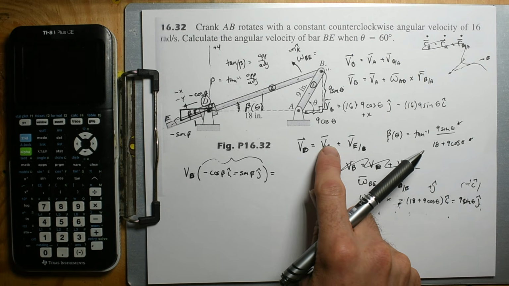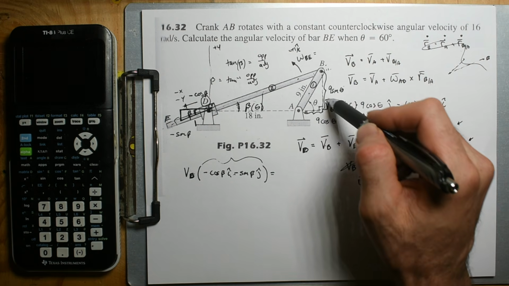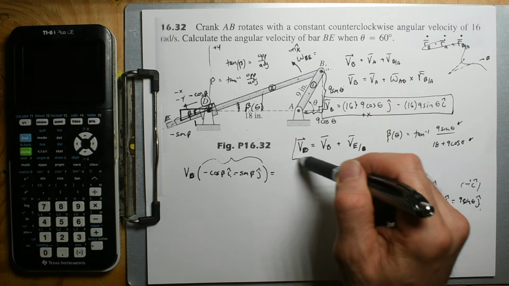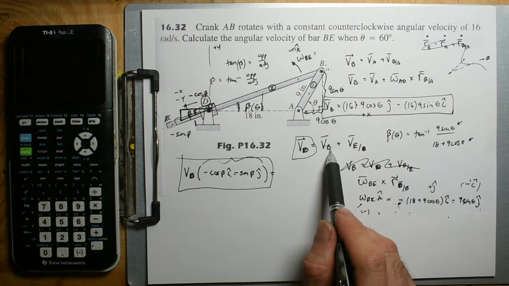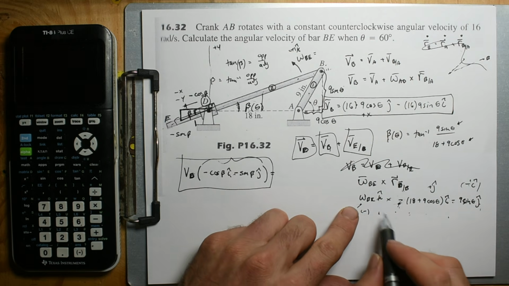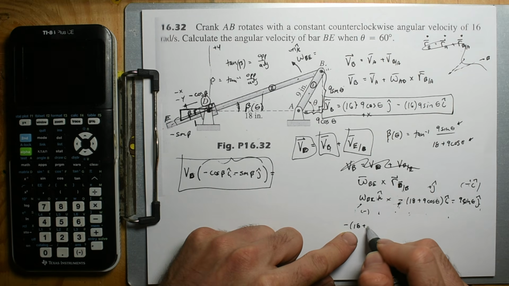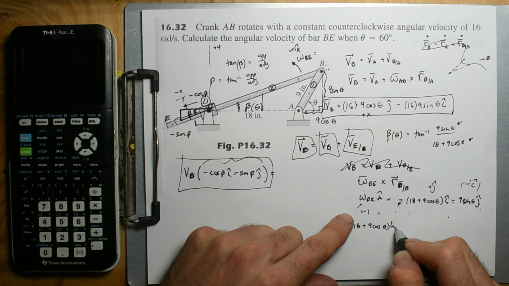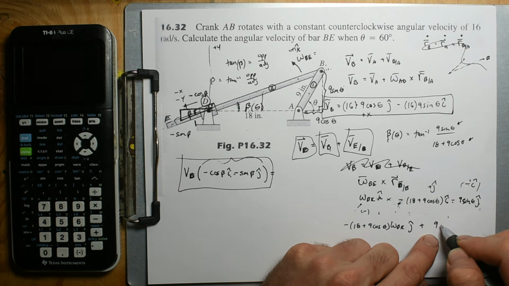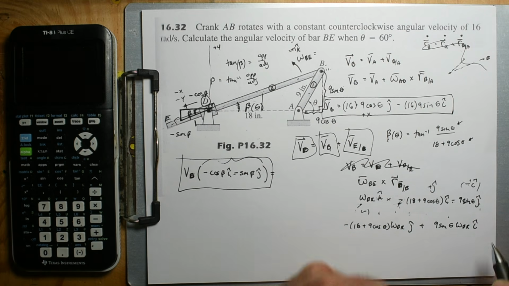So cool. Let's just write it all at once. So we have velocity of B is going to be, well, I don't want to write this more than I need to. So we have this equation. Velocity of B is that. And this is going to be negative 18 plus 9 cosine theta omega BE j hat plus 9 sine theta omega BE i hat.